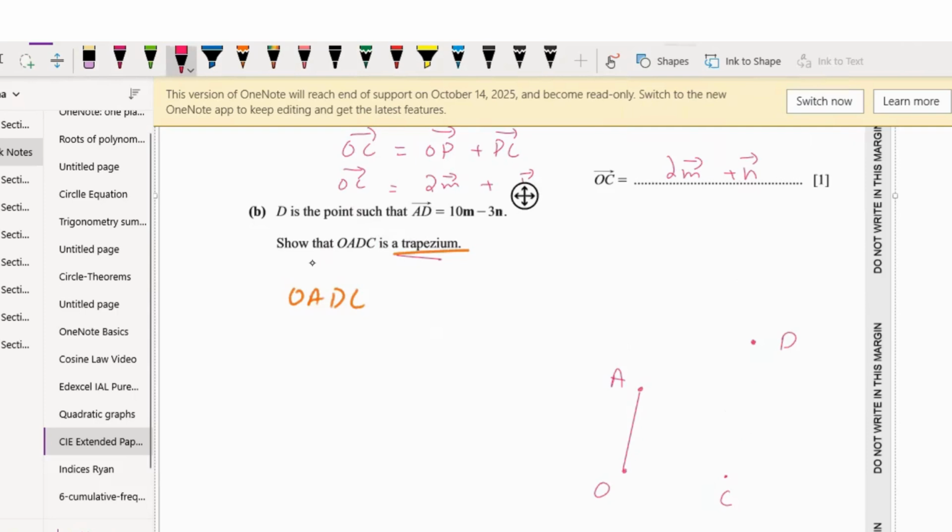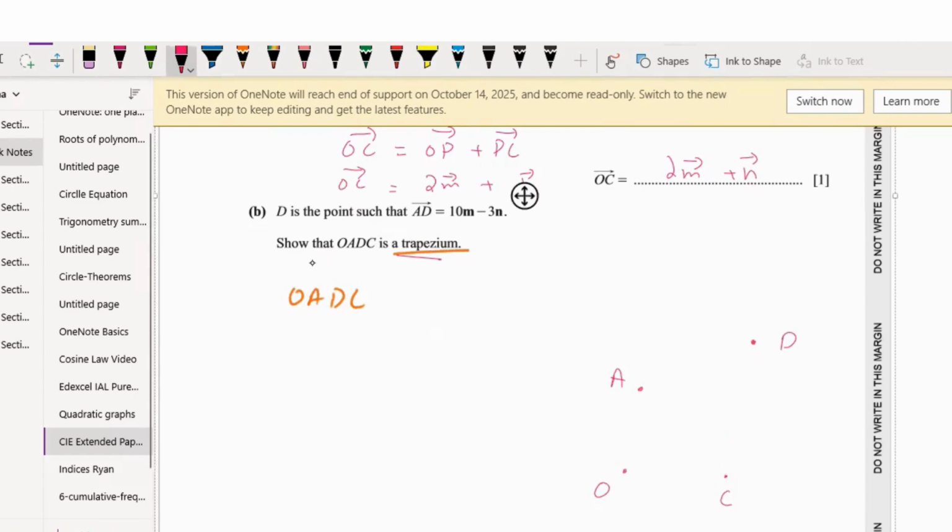I'm unable to remove this thing. I'm just gonna make a line like that. Okay, it will go this way, yeah. So yeah, I think you can prove OA and CD parallel to each other, okay?